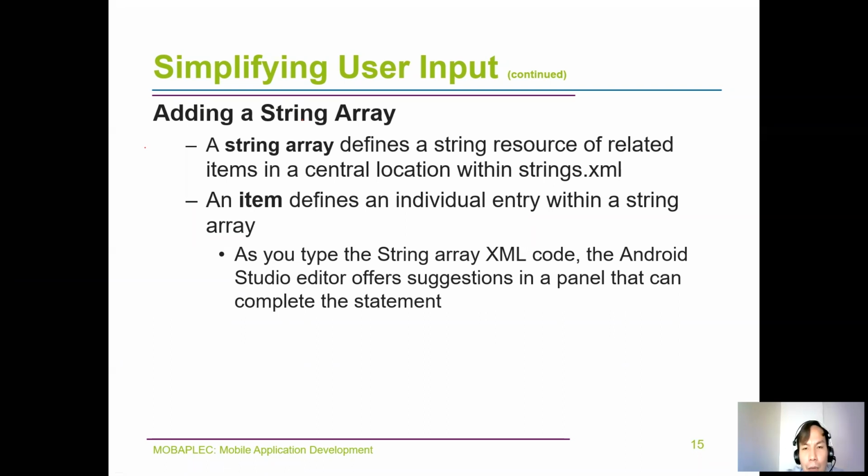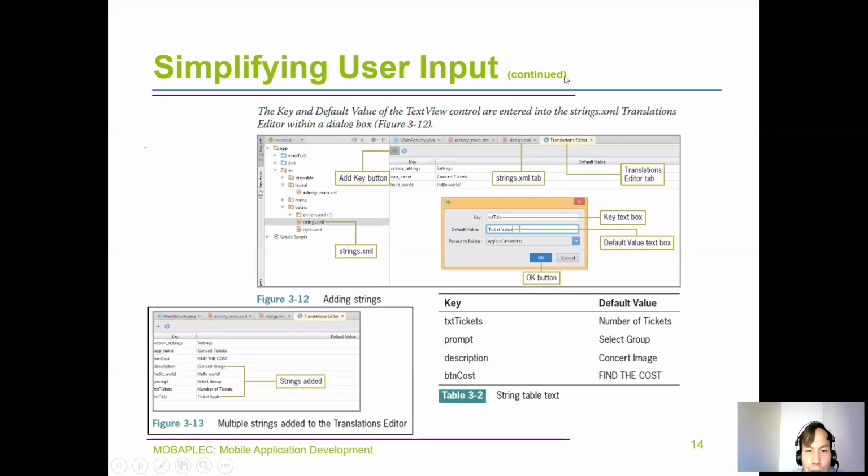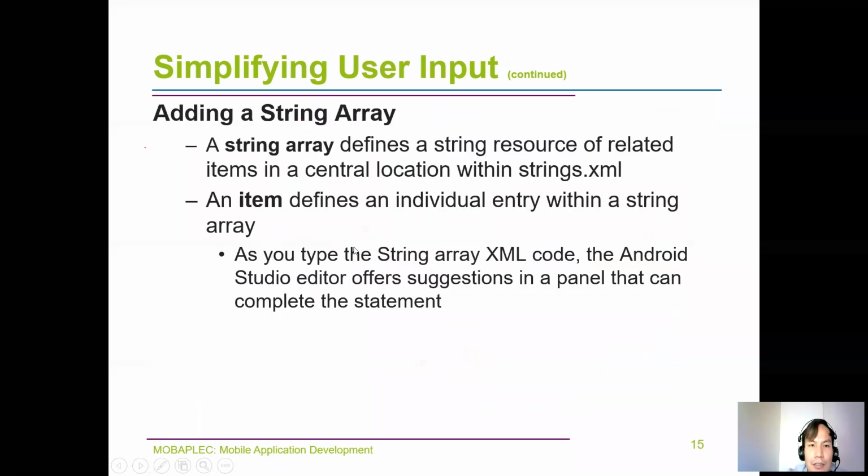So moving backward, this one is what I'm talking about, string.xml. That's part of the values that you created. And an item defines an individual entry, so those are the XML code.